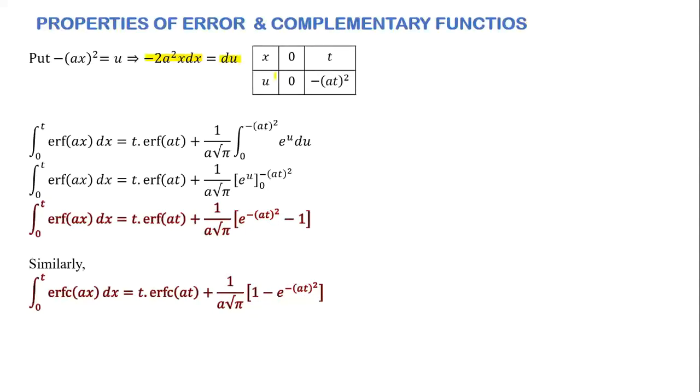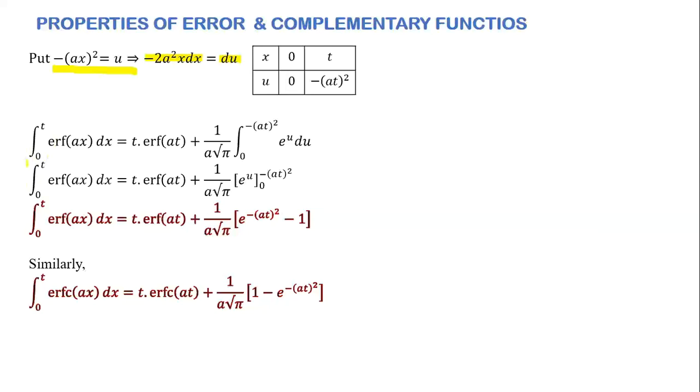If you see the table, from the table you can see the limits of x are from 0 to t, but your new limits are now 0 to minus at whole square. If I put x equal to 0, you can see from the equation minus ax square equal to u, u becomes 0. If I put x equal to t, u becomes minus at whole square. Now write down the given integral.